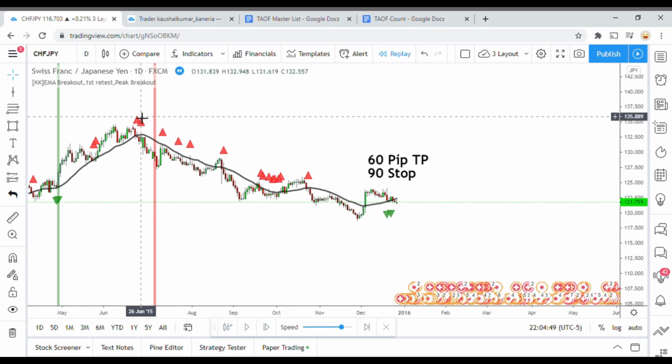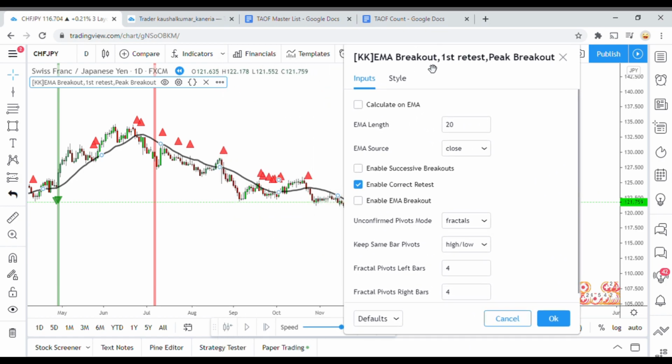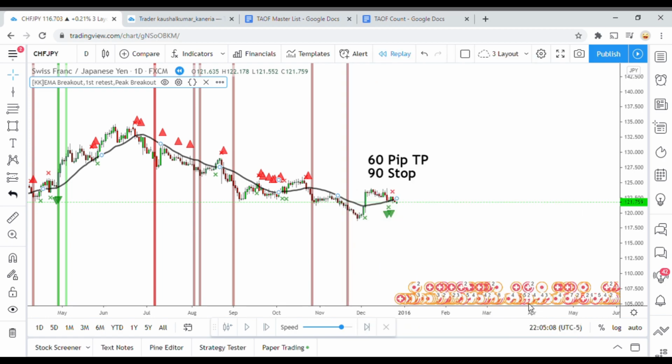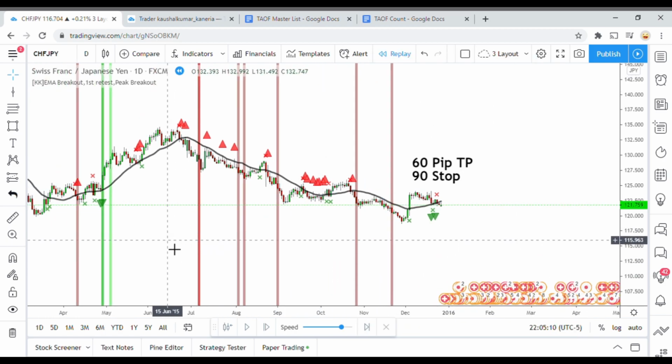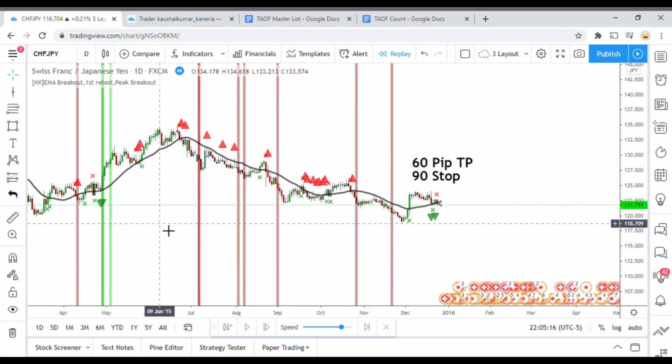So if we go into the settings, we can see that there's actually a few more things that we can add to this indicator as well. If I do that, it creates all the different functionalities of this particular indicator.